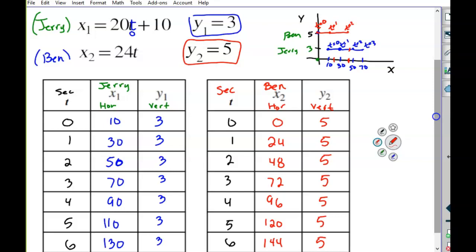We don't have to do this graph. This graph is just an extra little extension that I wanted to show you. But notice between 2 and 3 seconds, all of a sudden, Ben passes up Jerry.